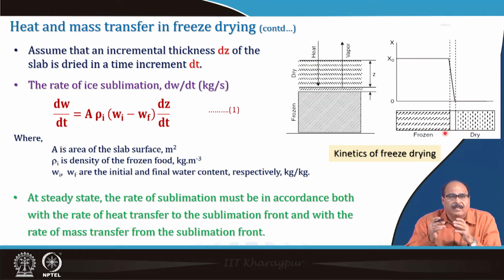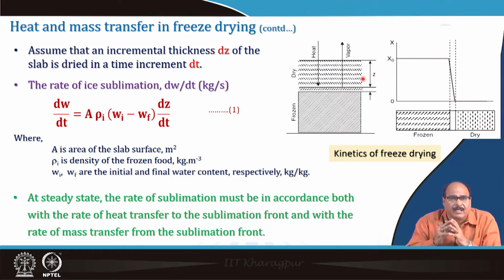Okay. The heat and mass transfer, here, assume that an incremental thickness dz of the slab is dried at a time increment of dt, small t, as shown in the figure. There is a frozen layer, dry layer, heat is supplied, and from the frozen layer the ice goes out in the vapor form, and z here is the thickness.